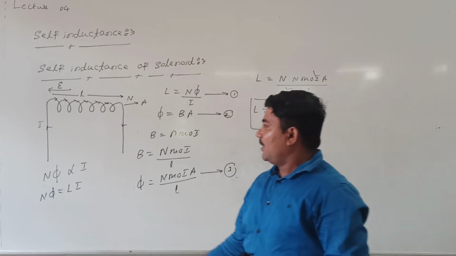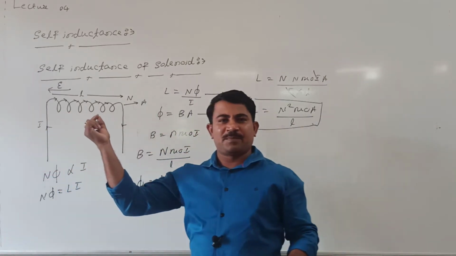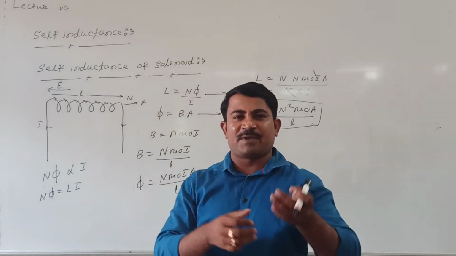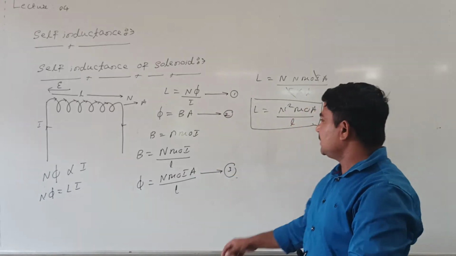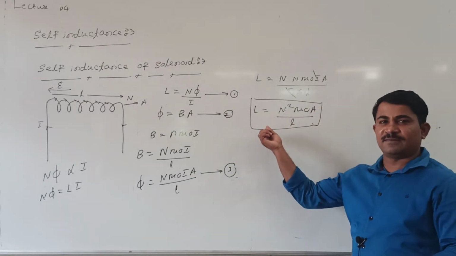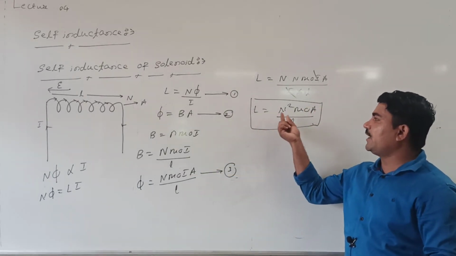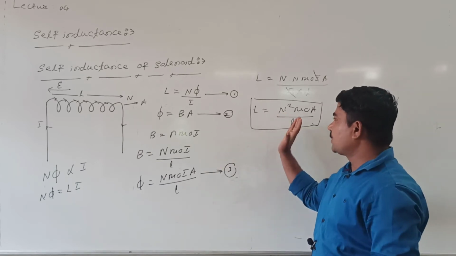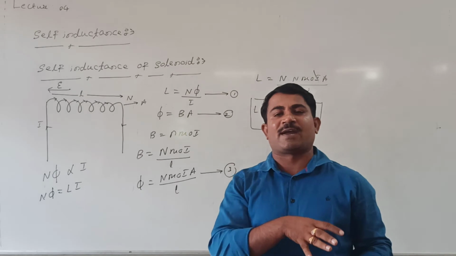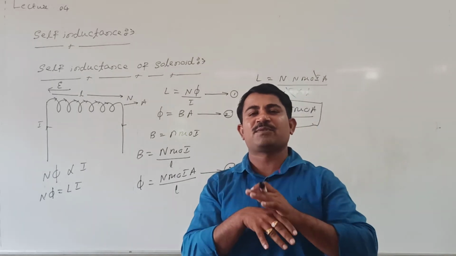If the current changes by 1 ampere per second, 2 ampere per second, 3 ampere per second, EMF will be induced, right? But the self-inductance of the coil does not depend on changing current. It depends only on the geometry and nature of the coil.